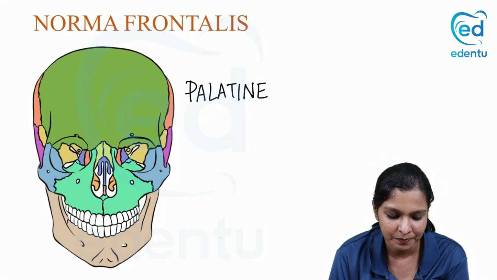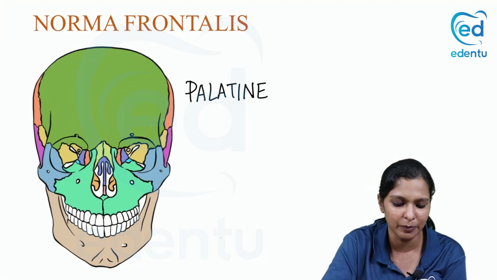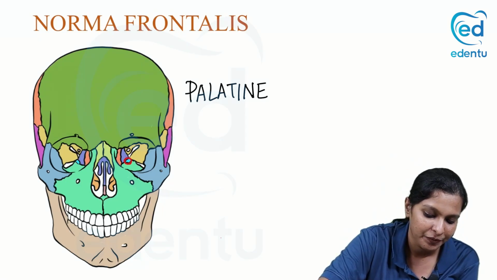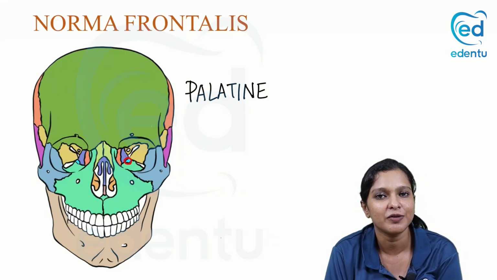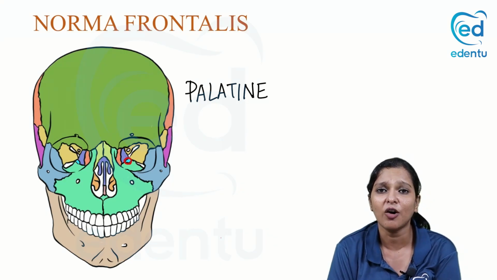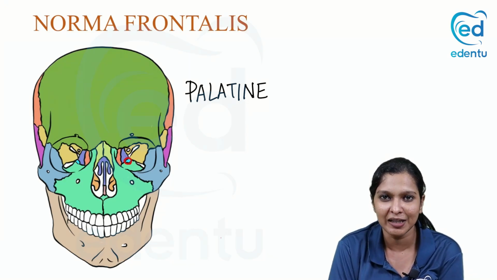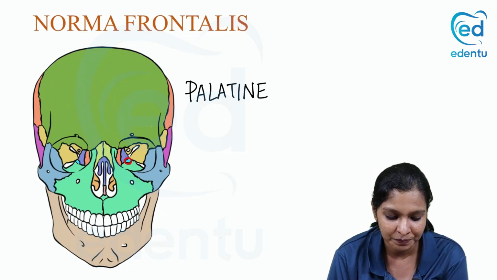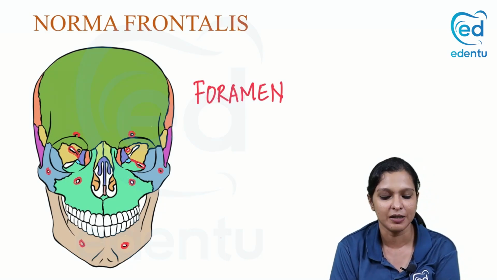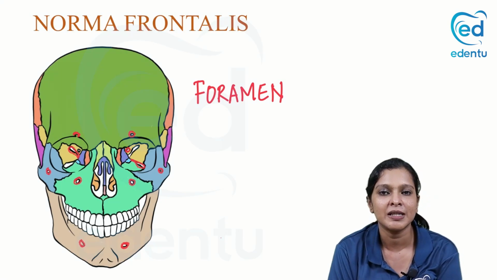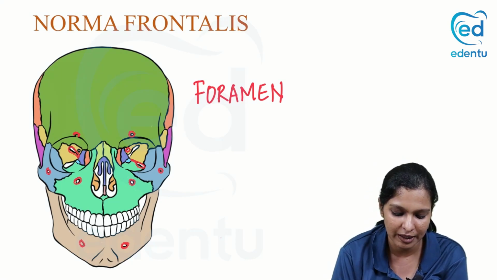And then we have one tiny bone. Actually, only a tiny part is visible here. That is the orbital part of the palatine bone. You can see that a lot of foramina are present. A lot of foramina are seen in the anterior view. We've already named a few.